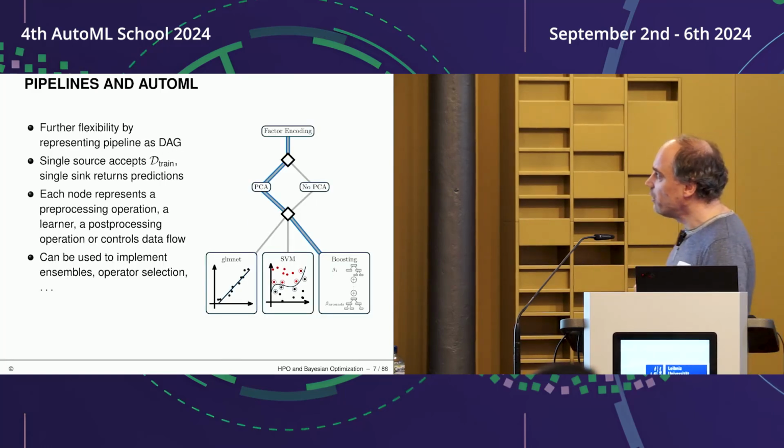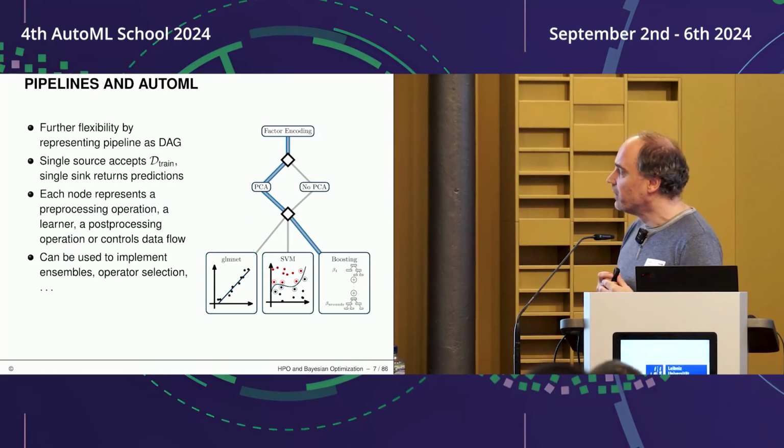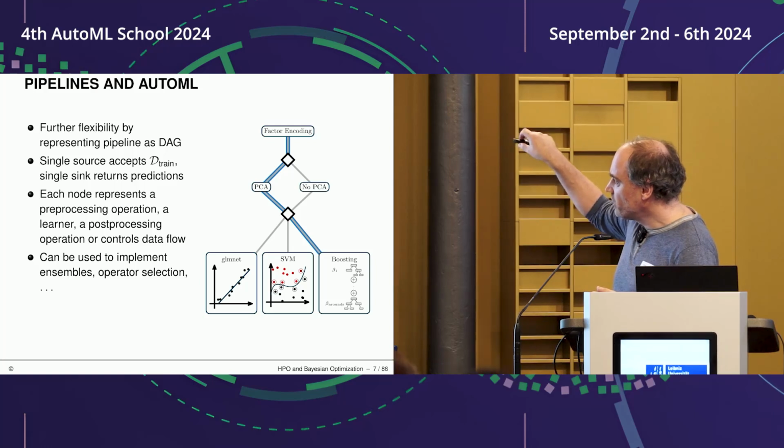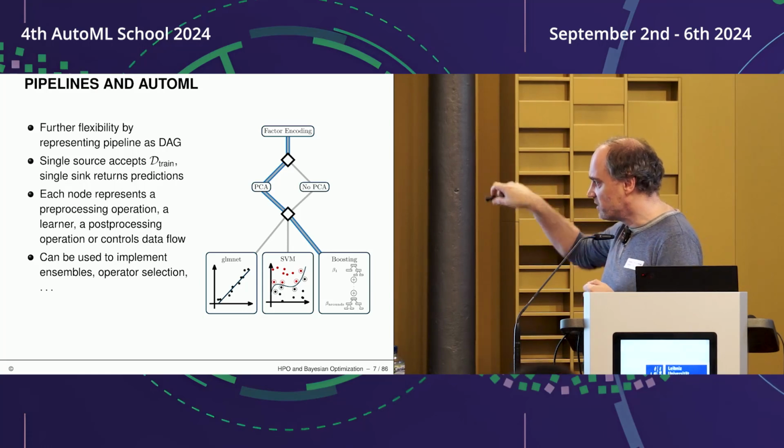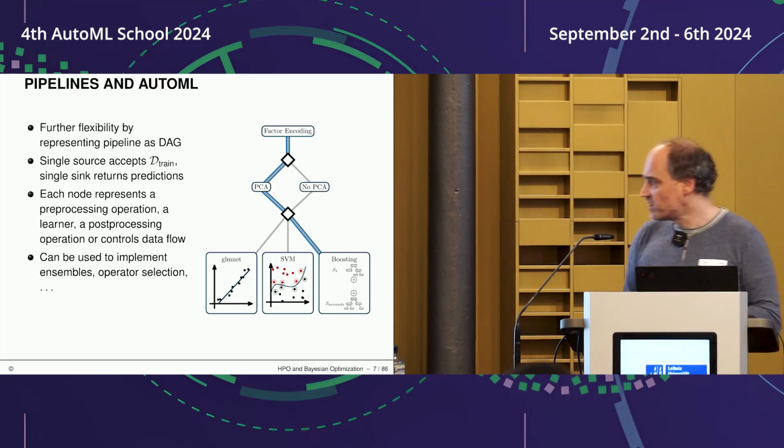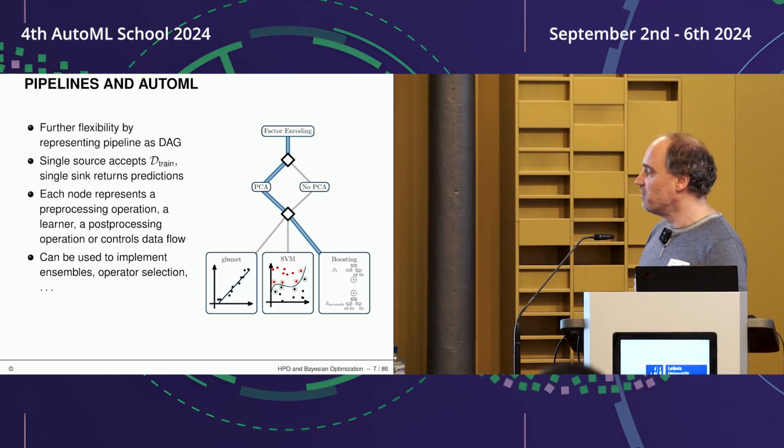A more complicated way of writing these things would be something like a DAG, so a graph where we go through different choices: different preprocessing operations, different feature extraction operations, and different modeling choices. You can write this in various ways, as a graph or as some kind of hierarchical structure.